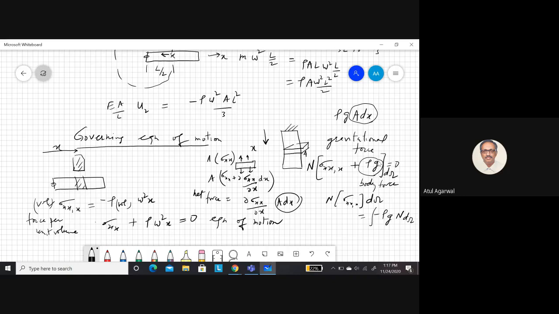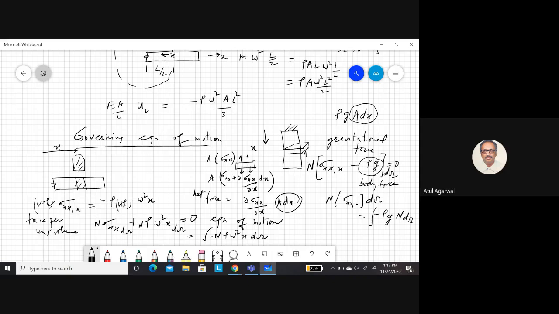Now if you multiply with shape function N and integrate over the volume, your right hand side is... so this was your net force in x direction.